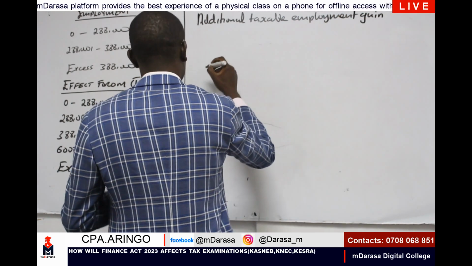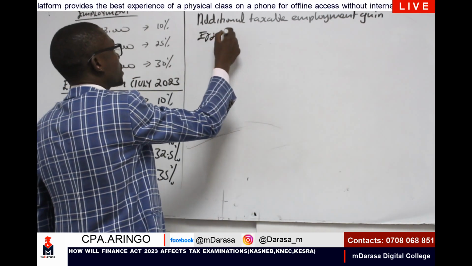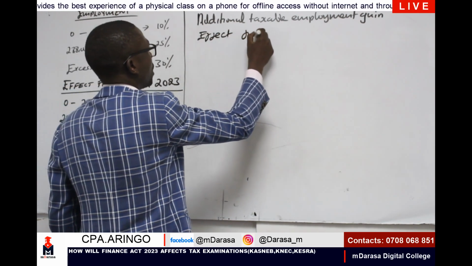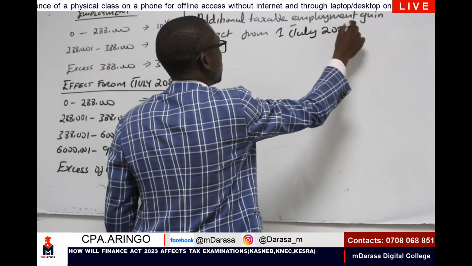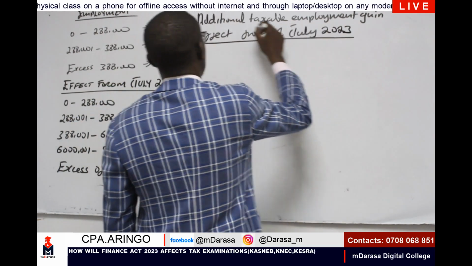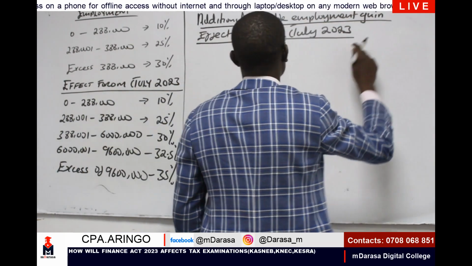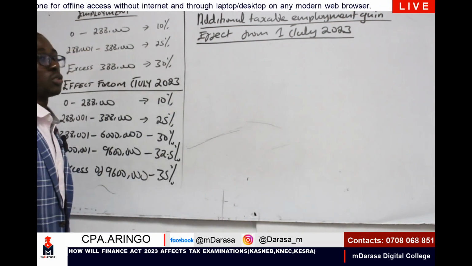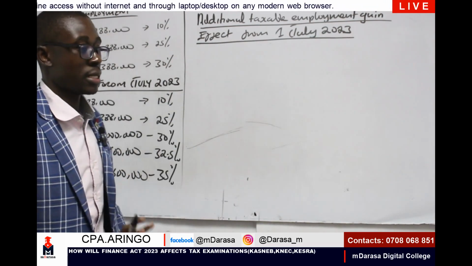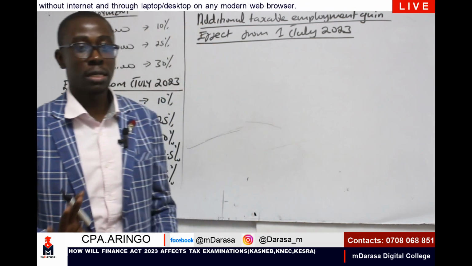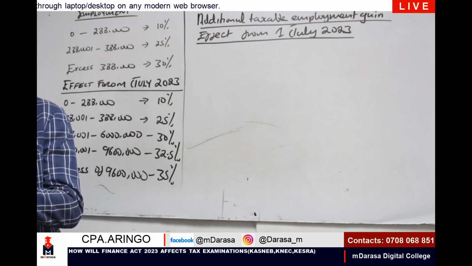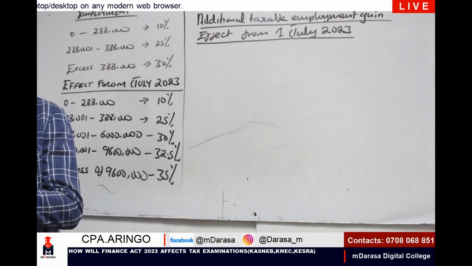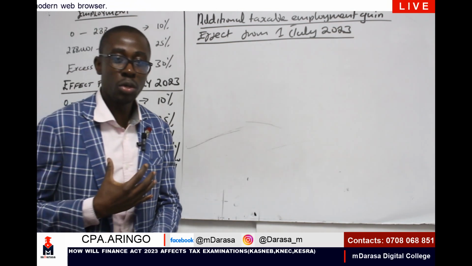This is with effect from 1st July 2023. There is a new additional taxable employment gain, which was not there before, but from now henceforth it is going to be taken as a taxable gain on the employee.